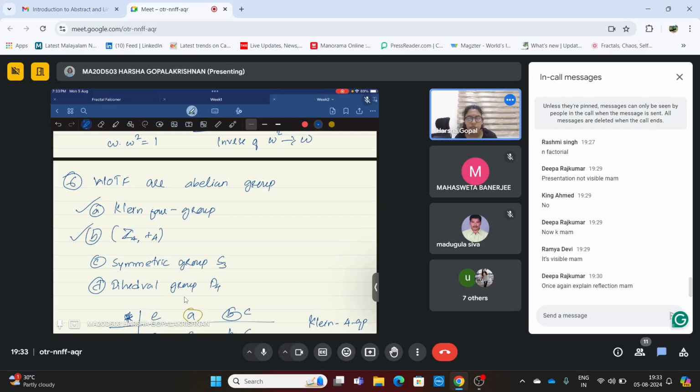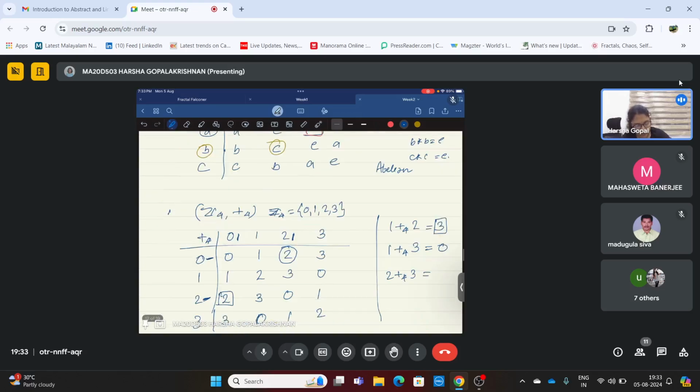What do you think? In general, will it be abelian or not? Usually, function composition is not commutative.